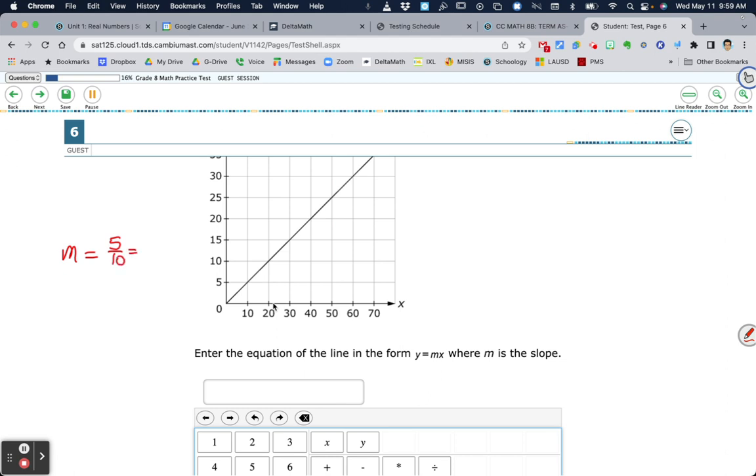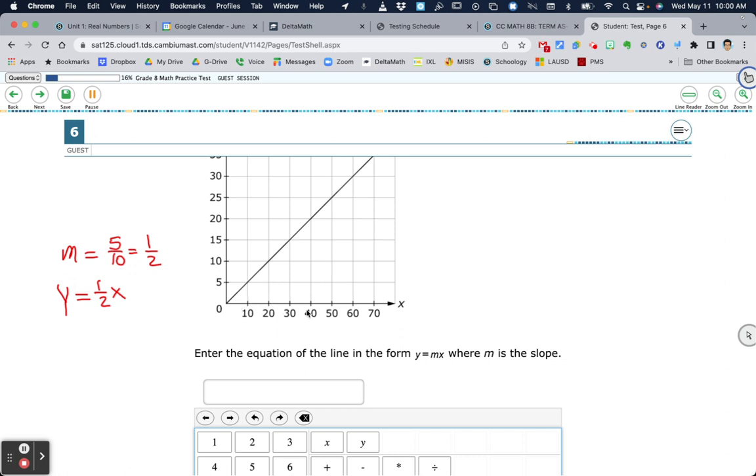I could reduce that to 1/2. So the slope is 1/2. So now I want to write this as y equals, instead of m, I would put 1/2 x. So that's what we want to enter for this equation. We don't have the b part because it goes through 0.